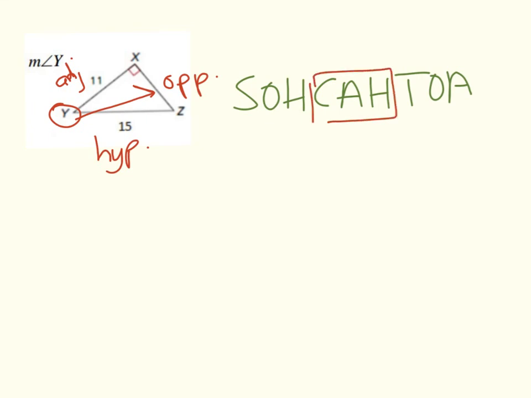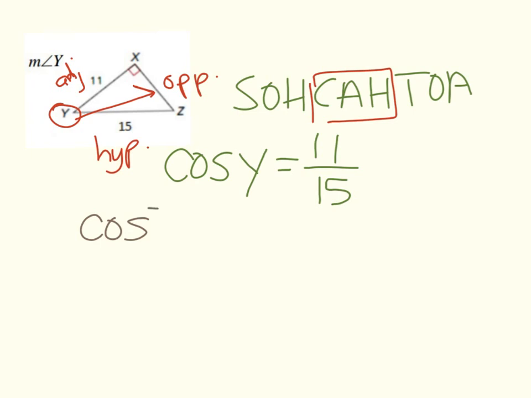And I'm going to set up my problem. Cosine of angle y equals adjacent over hypotenuse, which is 11 over 15. Okay, since I'm using cosine, I have to do the opposite of cosine. So I'm going to do the inverse cosine on both sides.